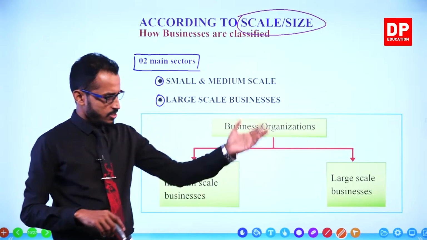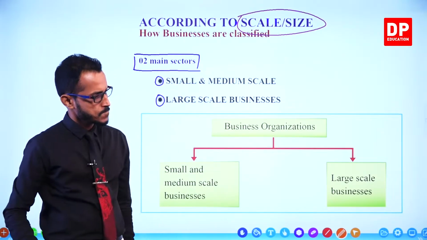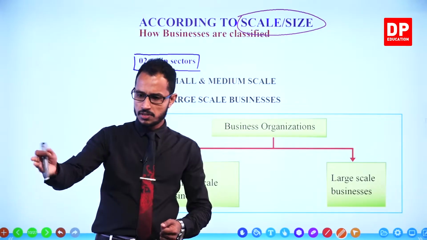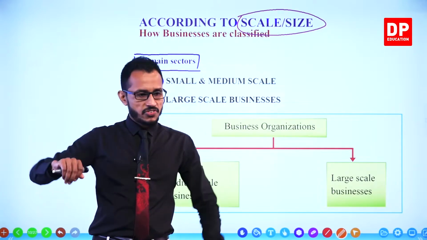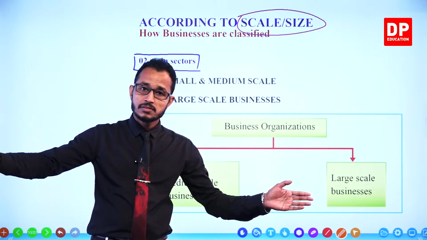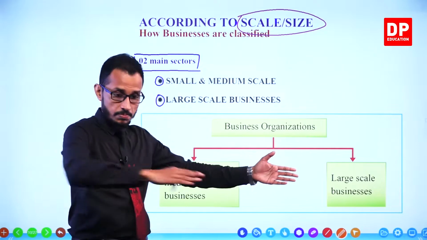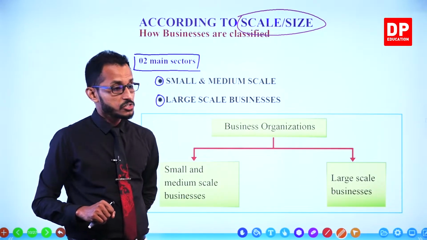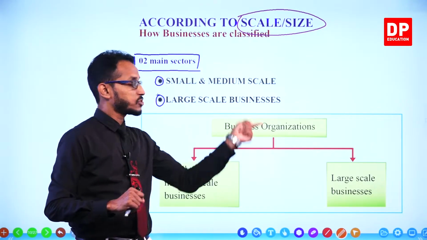Do you just look at the size of the shop or the outlet? Or you just look at the factory or the land on which the factory is situated? If it is a large factory or land, the premises of the organization is a little bigger, you say that's a big organization, so that should fall under the large scale category.